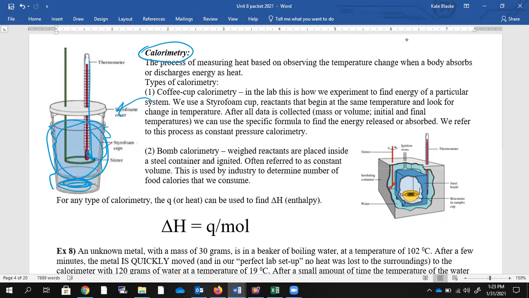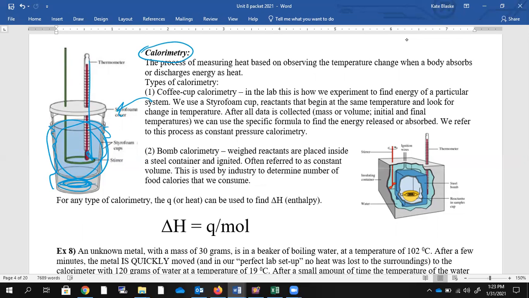We can put a chemical substance in there, mix it into that water, see how much that water changes temperature. We could either have this happen because of a chemical reaction or just a physical transfer of energy. So for example, we could put two chemicals together that are going to react and measure how much the temperature changes as they react.